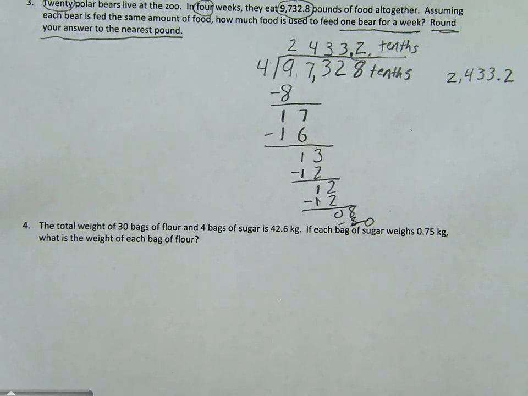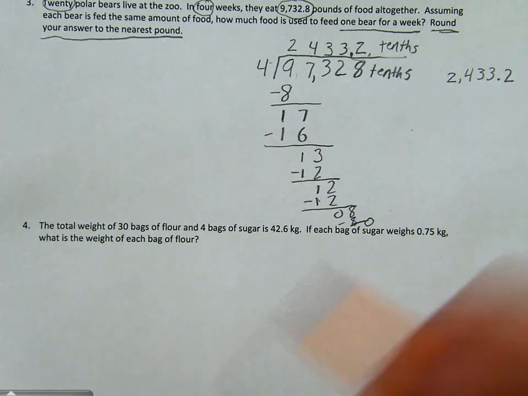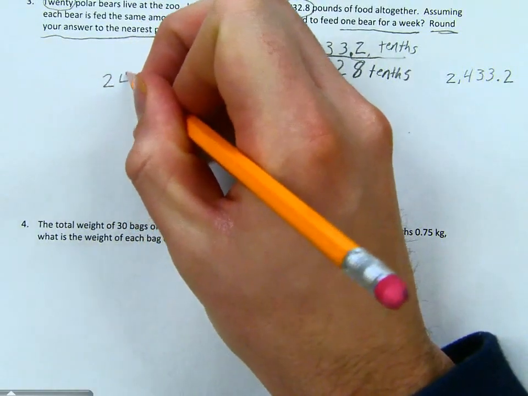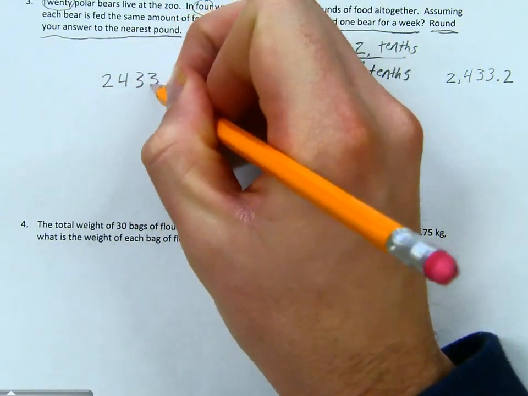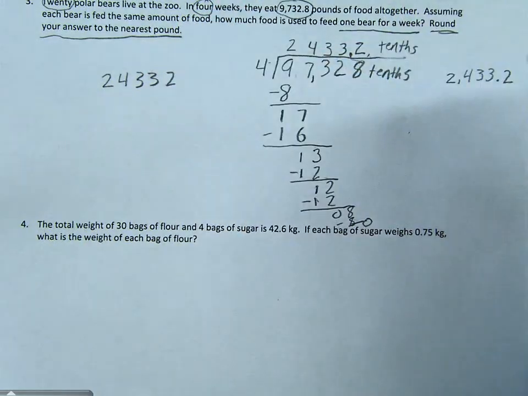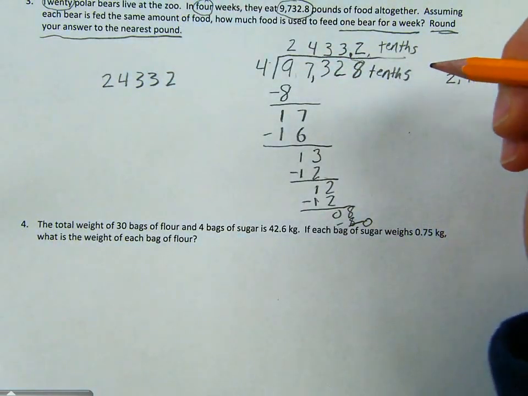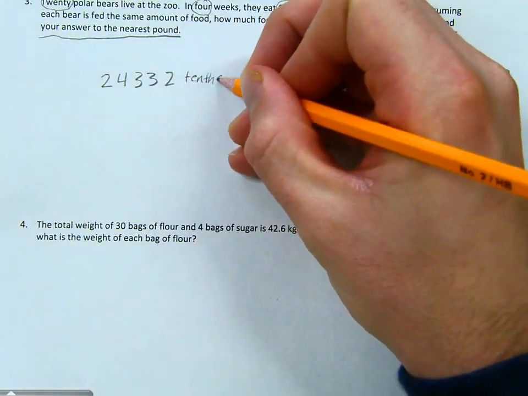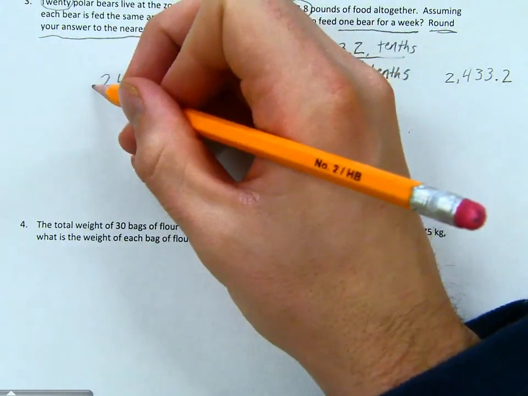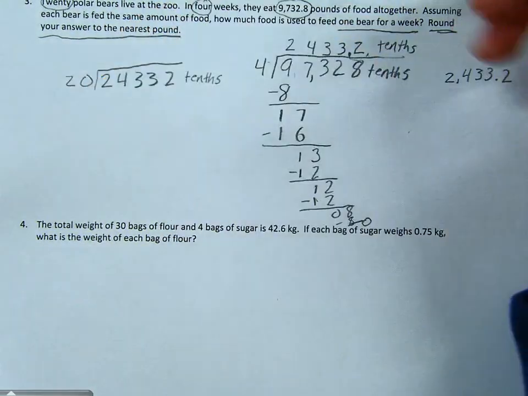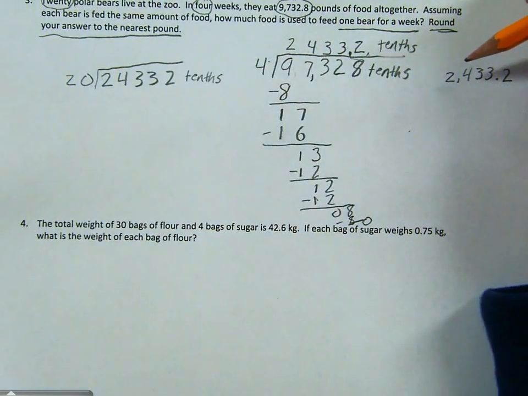Now there's 20 polar bears, so I need to take 2,433.2, but I'm going to keep it in tenths now because I'm going to need to divide again. So I'm going to keep that number in tenths of a pound, and I'm going to divide by 20.